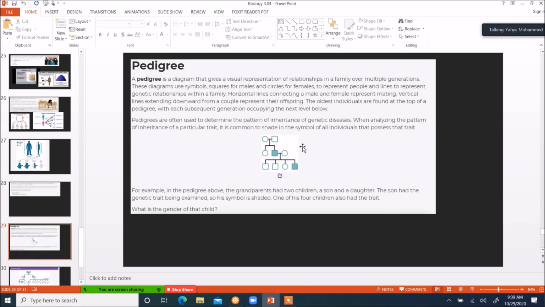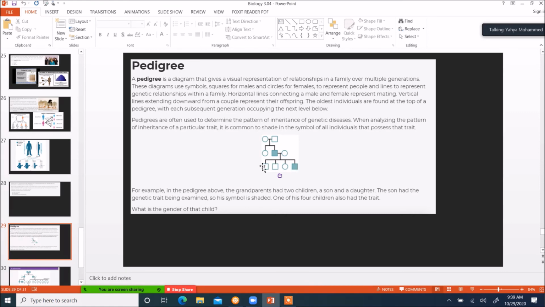So for example here, you notice at the top, neither of these parents have this disease, because neither of those are colored in. However, they obviously had some kind of hidden trait in one of their chromosomes, because one of the children has the disease. And then you can see the next that this child also has the disease.